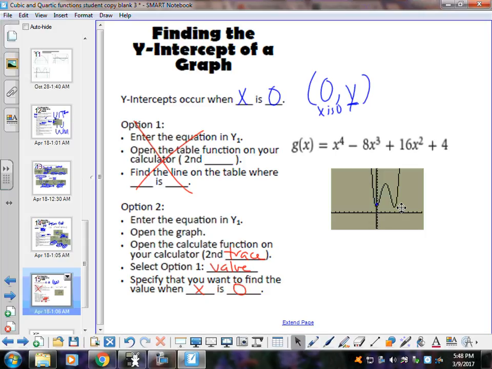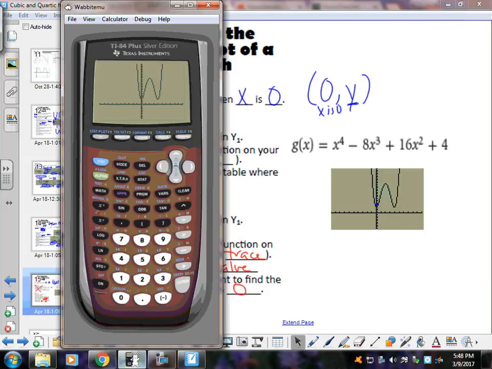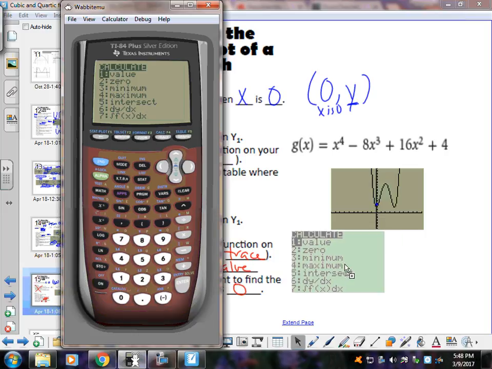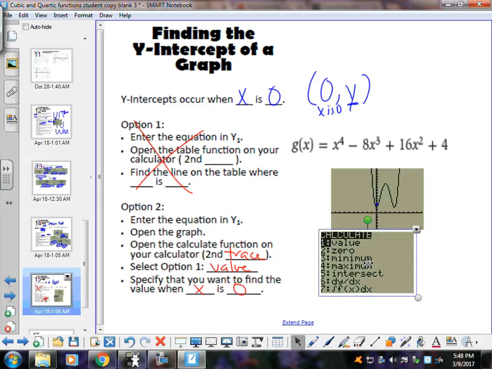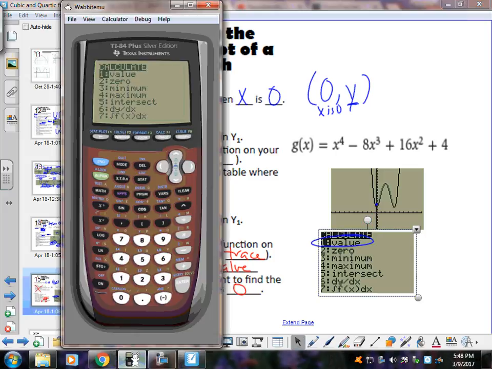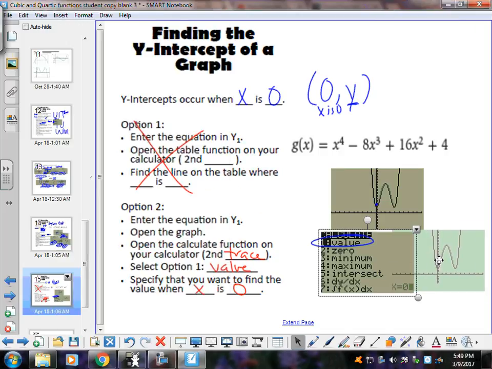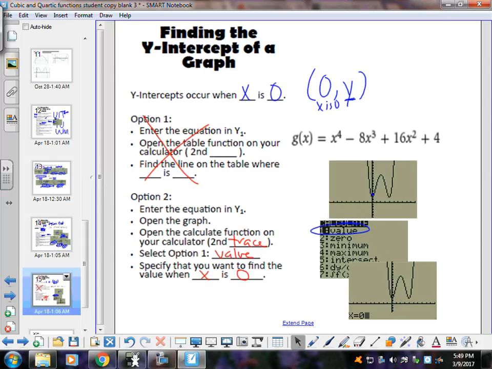So in order to find it, you should have it graphed. Now hit second trace on your calculator, pick number 1, value. Okay, now I'm going to hit enter, and then I'm going to plug in 0 for x. And then I'm going to hit enter.